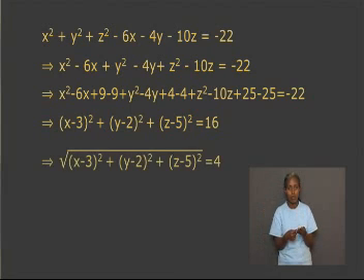So, the square root of x minus 3 squared plus y minus 2 squared plus z minus 5 squared equals 4. We have found our answer.